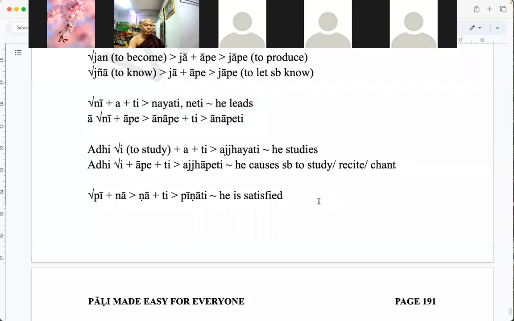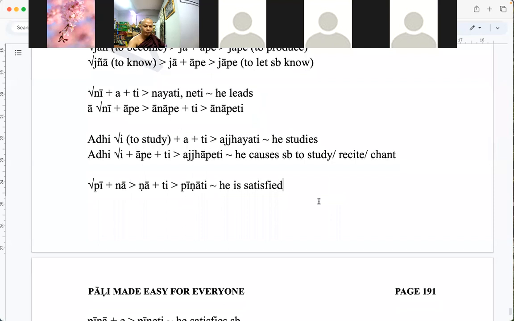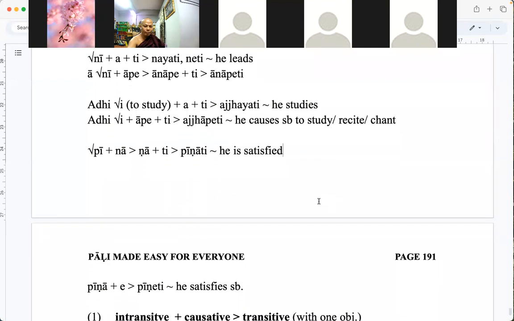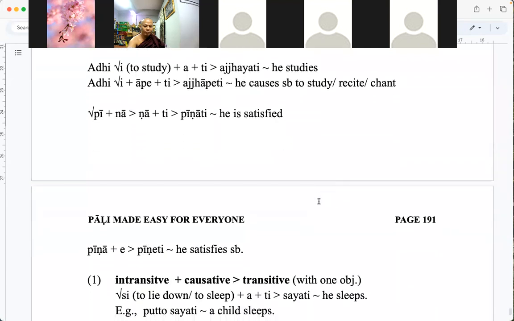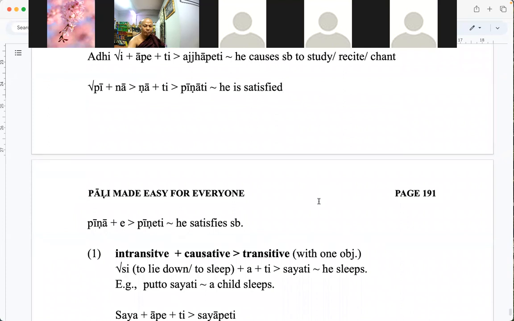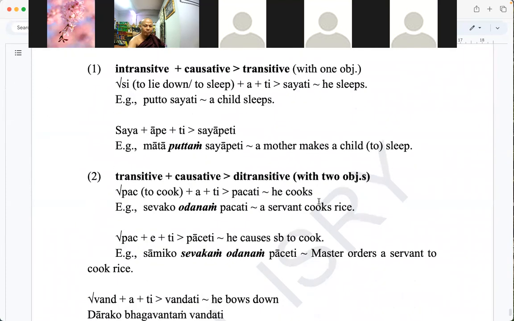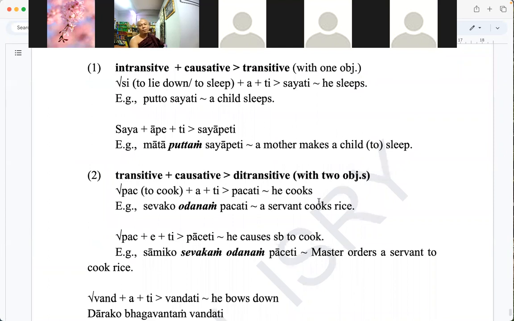And for the next point, Bante, it belongs to the transitive. When it adds the causative suffix, it becomes a transitive verb with two objects.